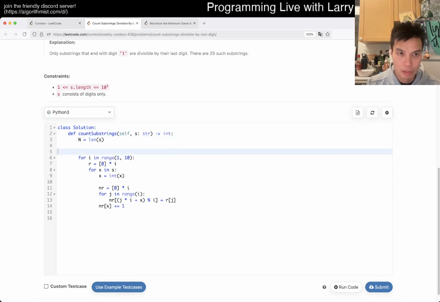And then now, if x is equal to I, then count to x, R of 0.